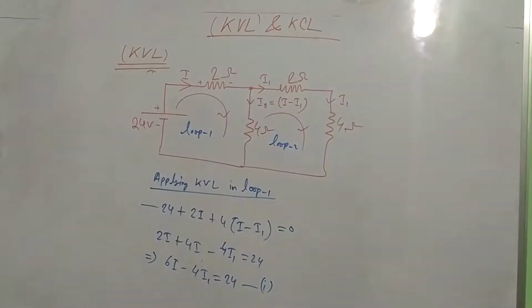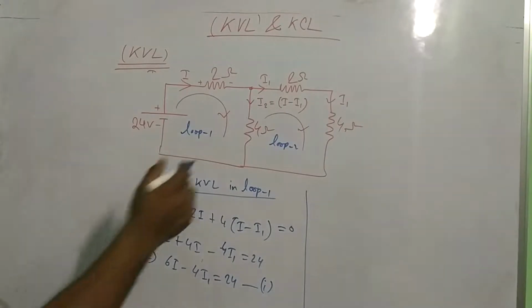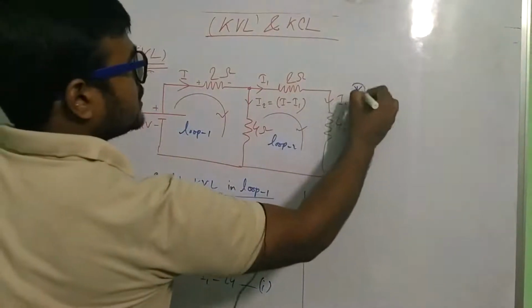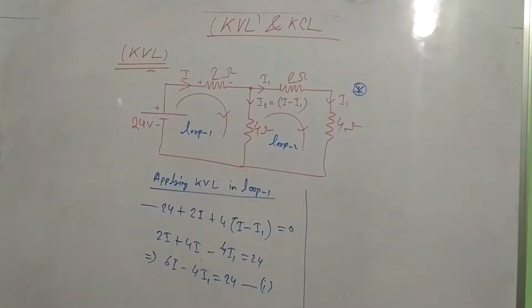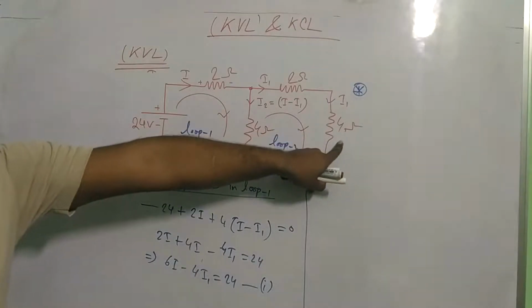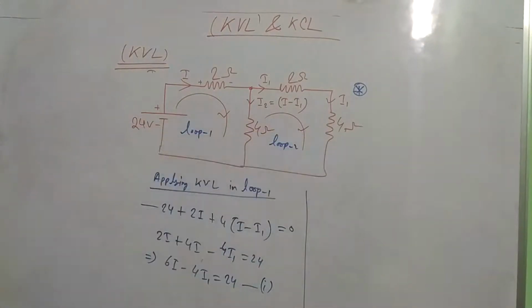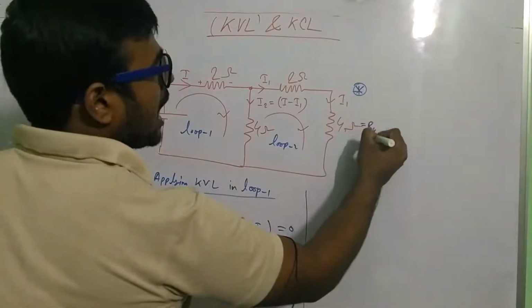Now I am applying KVL in loop 2. So what is the question here? At first we write down the question. The question is: find the current through this 4 ohm resistance, or this is called R4.